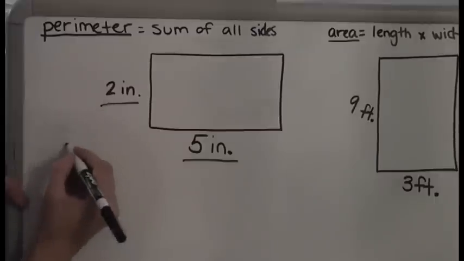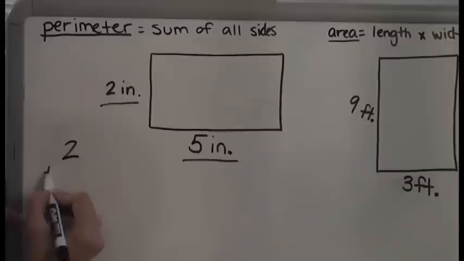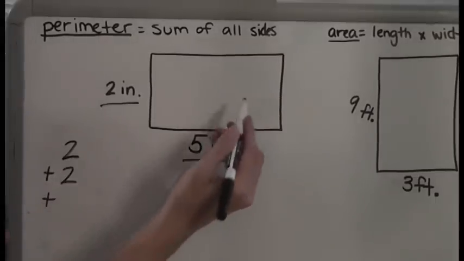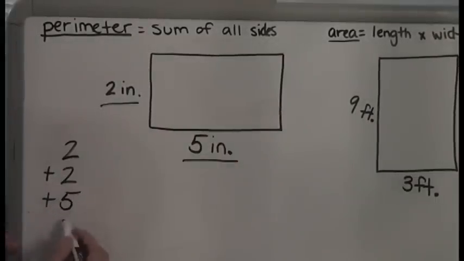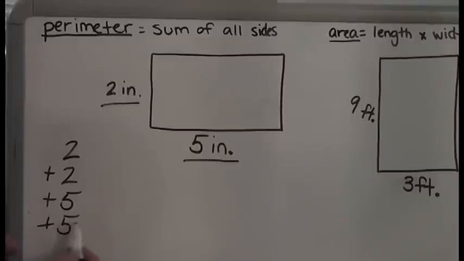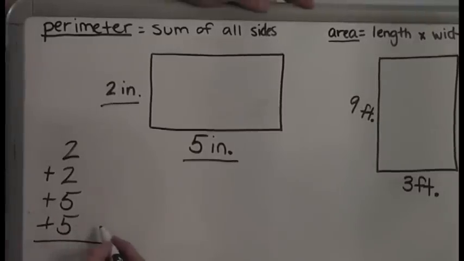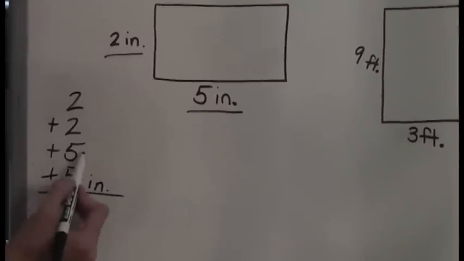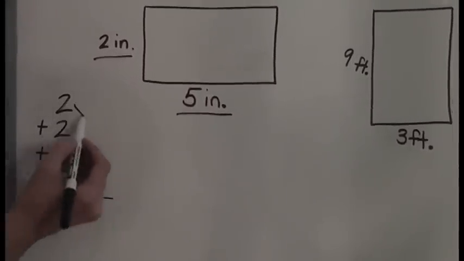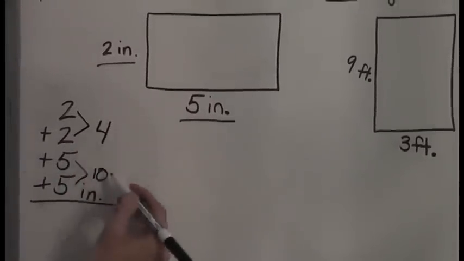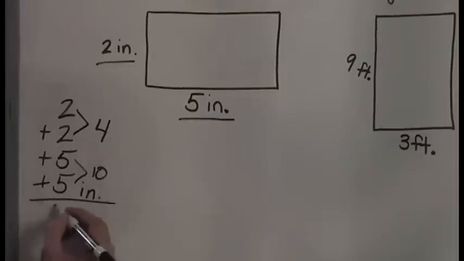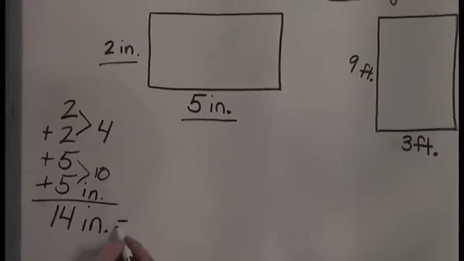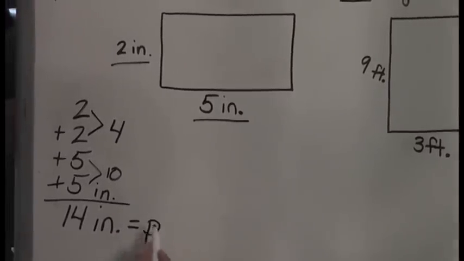So we should have 2 plus 2 plus 5 plus 5. So 5 plus 5 is 10. 2 plus 2 is 4. So 10 inches plus 4 inches is 14 inches. And I'm going to put equals P for perimeter.